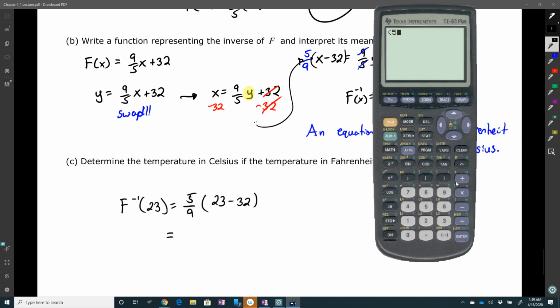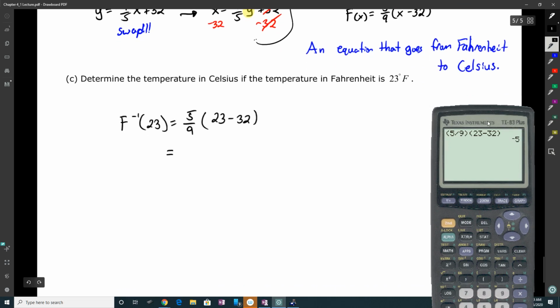So parentheses 5/9, I'm just being a little paranoid with my parentheses there. 23 minus 32, negative 5. So the temperature would be negative 5 degrees Celsius.